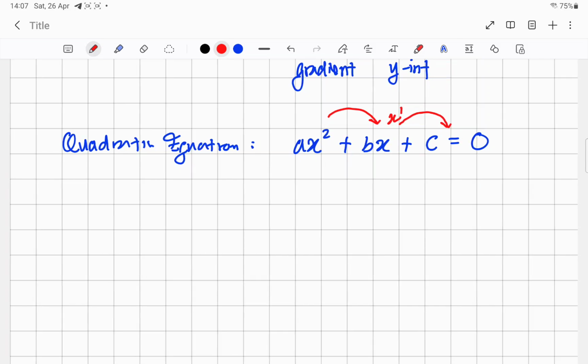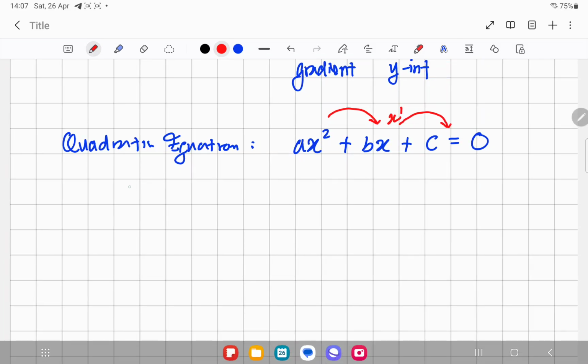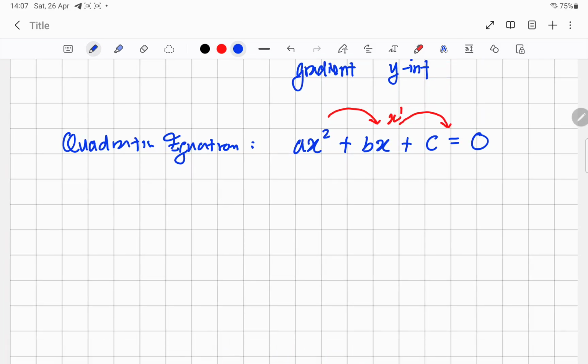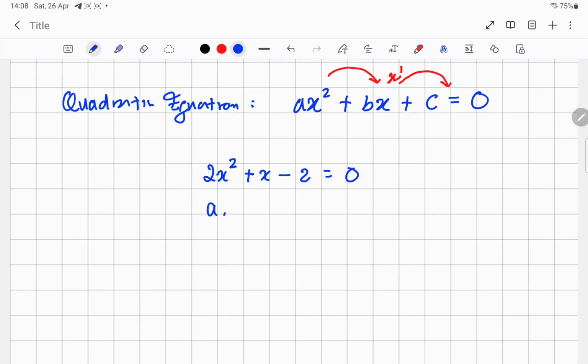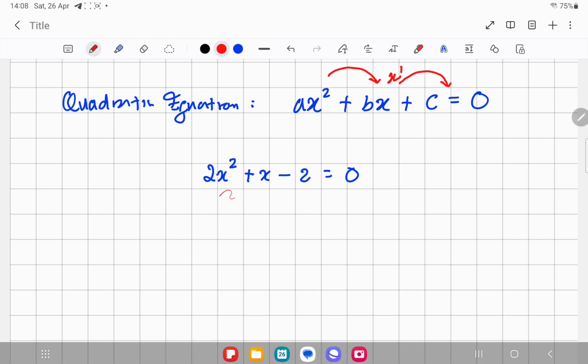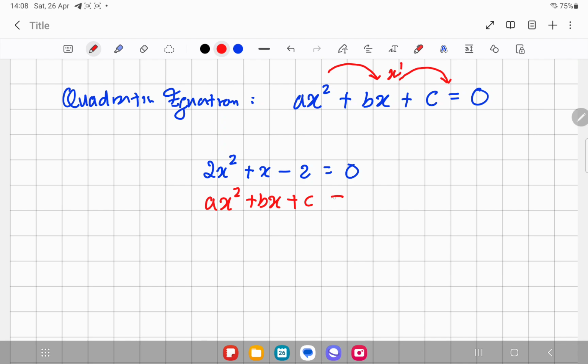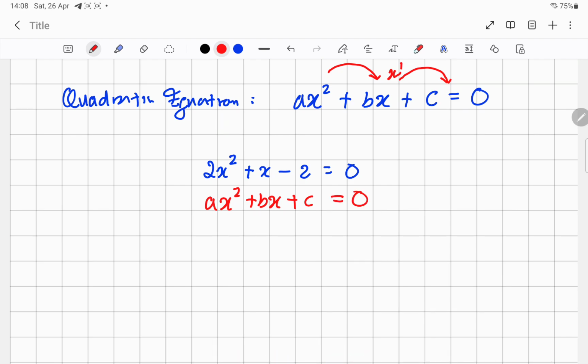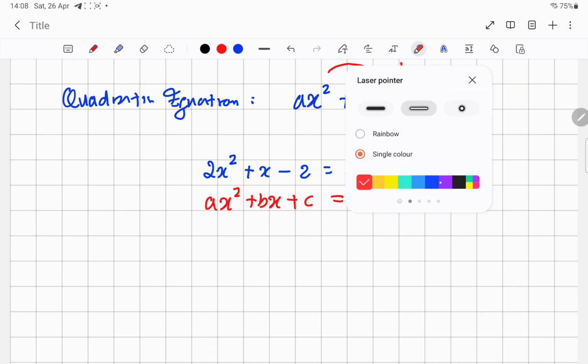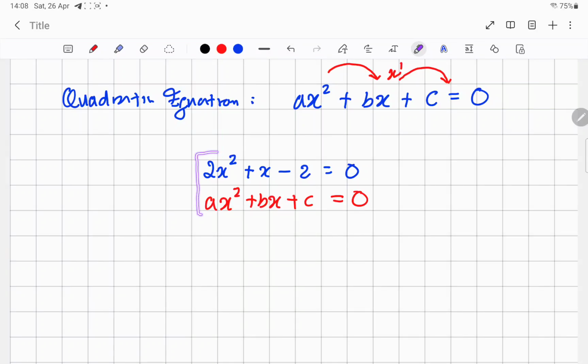If I give you a quadratic equation, for example, 2x squared plus x minus 2 equals 0, tell me what are the a, b, c constants here. What you can do is compare with ax squared plus bx plus c equals 0. So a equals 2.